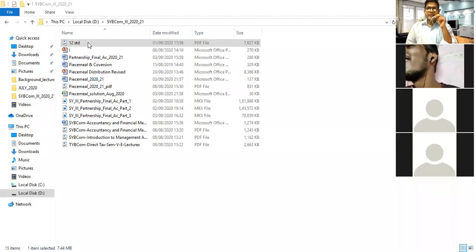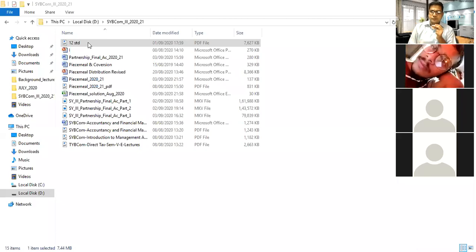Okay, so you can easily write whatever I have given. Now I suggested that you write your proper name on your Zoom app profile. Go to the Zoom app, change the profile, and write your proper full name, name and surname, with SYBCom. Suppose the name is Sarika Gore, SYBCom.